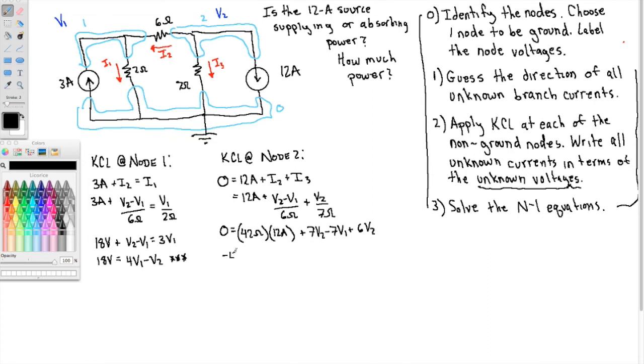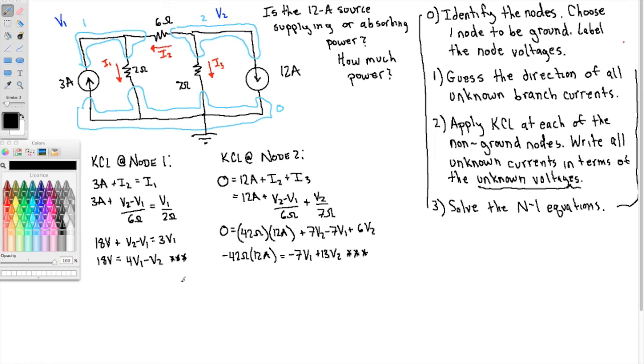So this is minus 42 ohms times 12 amps equals minus 7 V1 plus 13 V2. And this is getting ugly. I've got a lot of prime numbers there, so there's nothing I can do there. That's my equation.